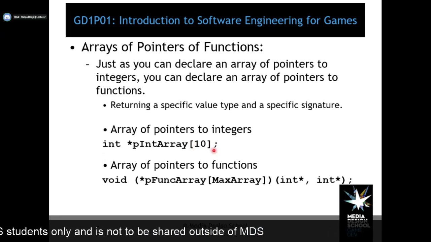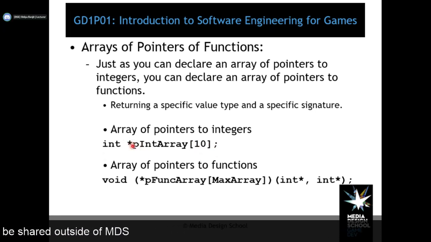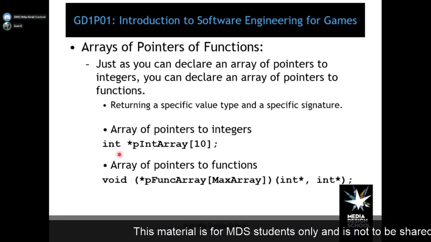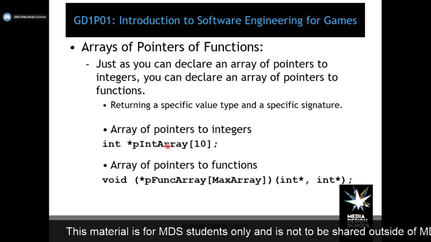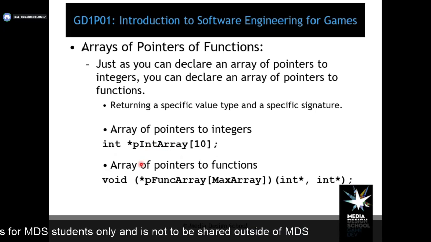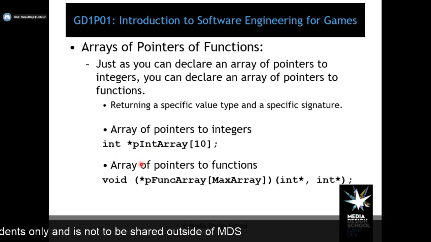If you want an array of pointers to integers, just give an asterisk. So if you say int asterisk p int array and the dimension 10, you're creating an array of 10 pointers to integers. Each value in this array is going to hold the address of some integer variable.